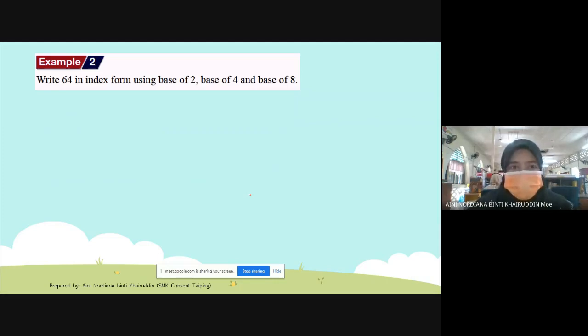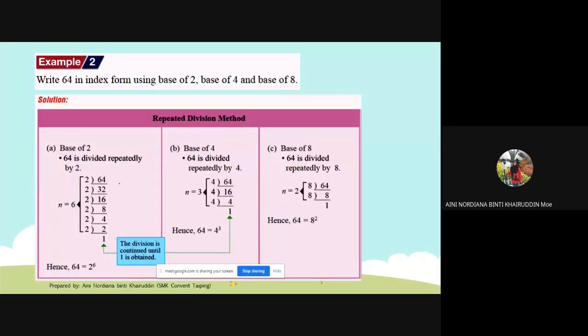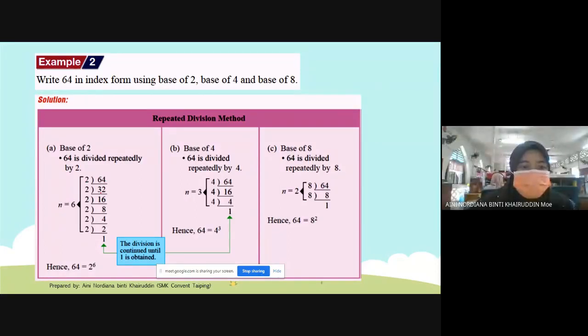As I mentioned just now, you can use the division method. Can you see? 64 divided by 2, then you get the answer, you write here. 32 divided by 2, 16. 16 divided by 2, this is like when you do LCM, HCF.